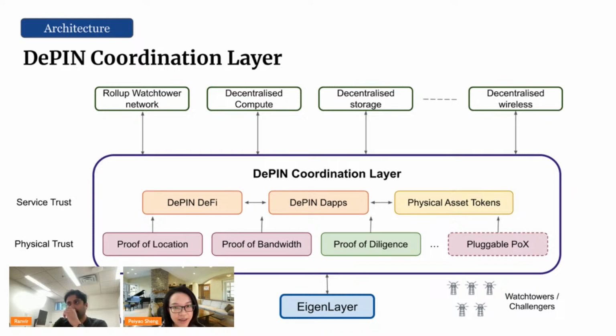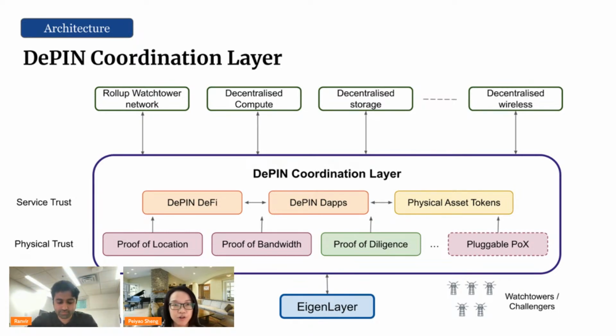Here is the main architecture of the DePIN coordination layer, which bridges various isolated components and participants together into this ecosystem. For DePIN industries, if you have assets, you can register the physical assets on the platform in the form of tokens, and you can run your own service flow.